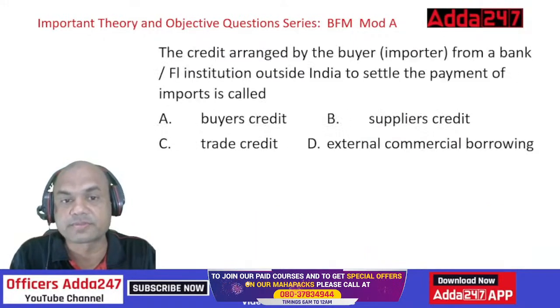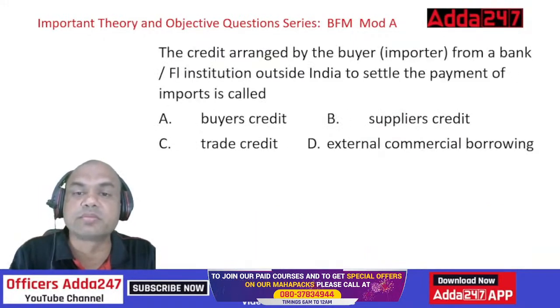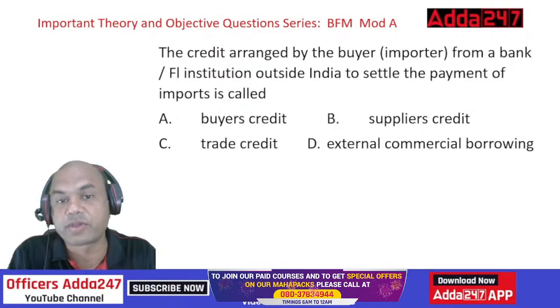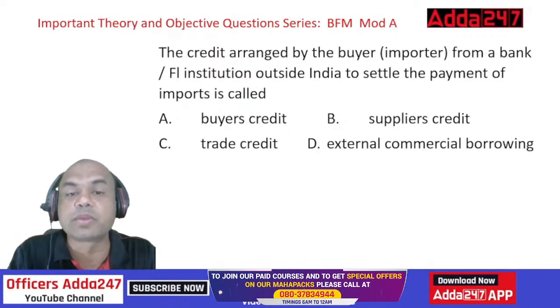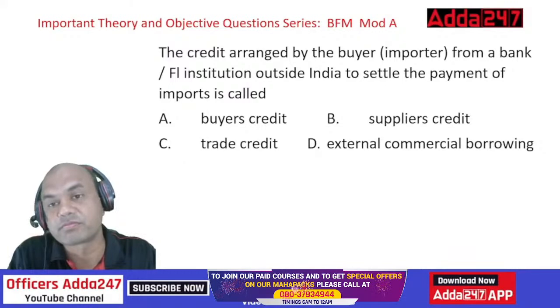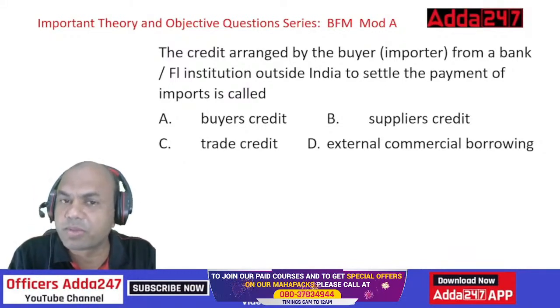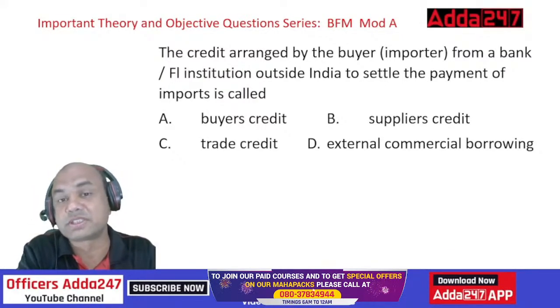Next one. The credit arranged by the buyer from a bank or FI outside India to settle the payment of imports is known as what? Similar question as the earlier one, but with a slight difference. Masala tadka, right?